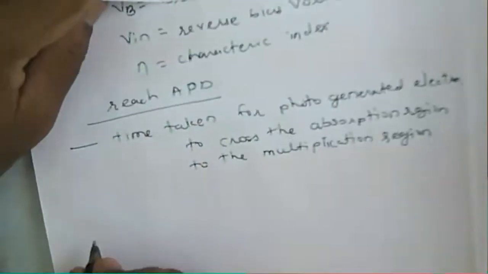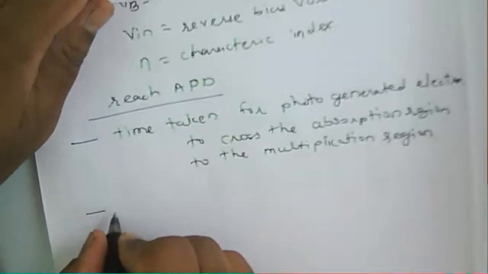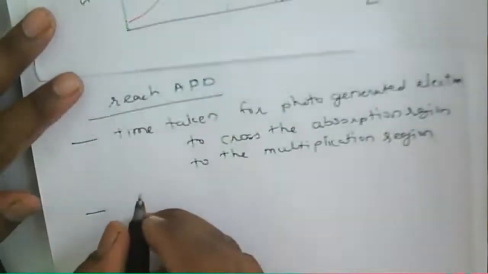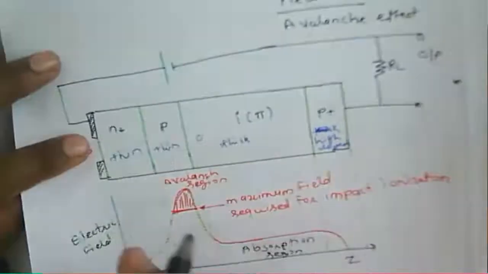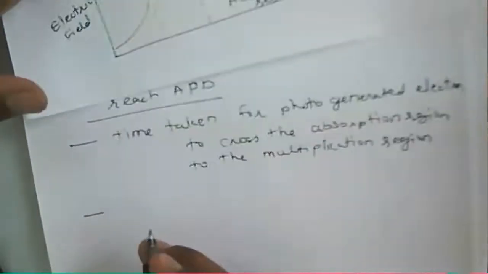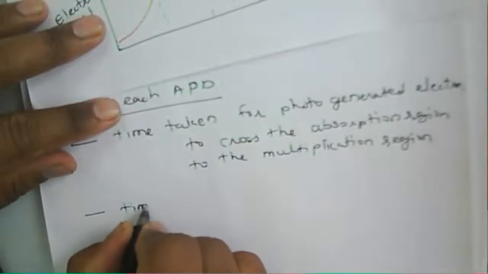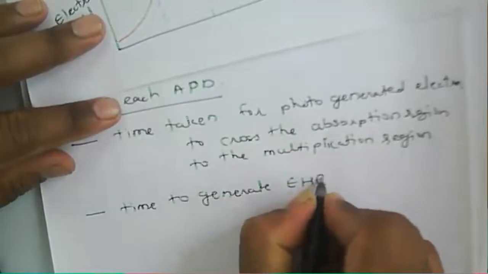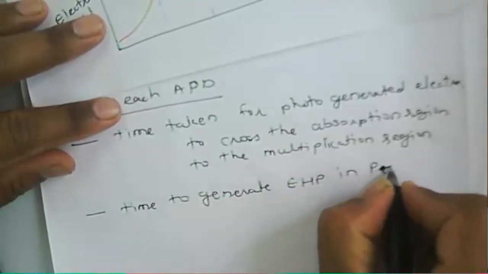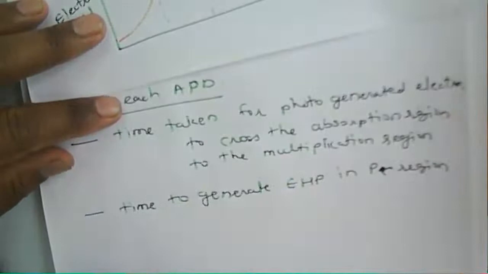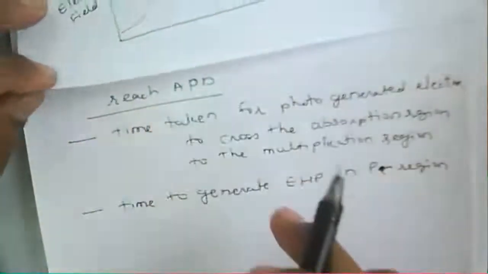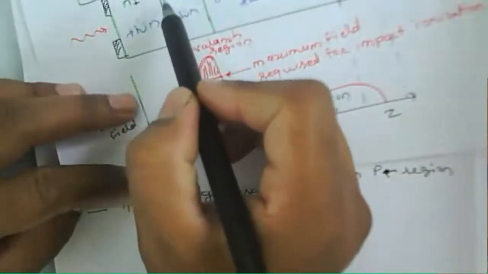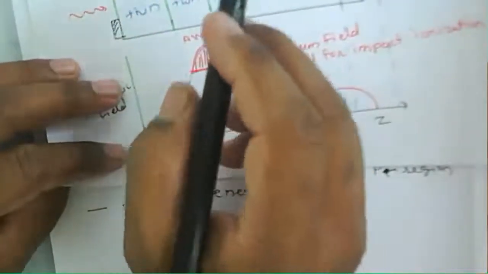And another is the time it takes for the avalanche process to build up in the P region to generate the EHPs, the time to generate the EHP in the P region. So reach APD depends upon how the electron hole pair is generated in this particular region.